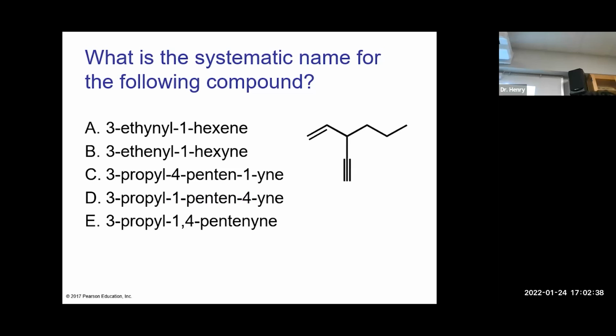Multiple guess. What is the systematic name for the following compound? Was that E as in donkey? So why is it D and it's not B?